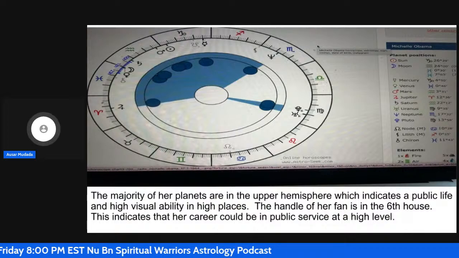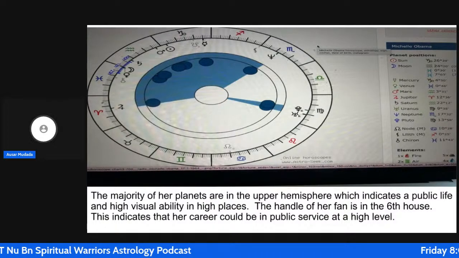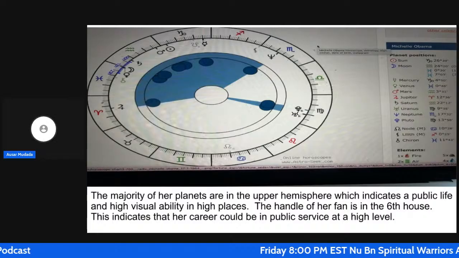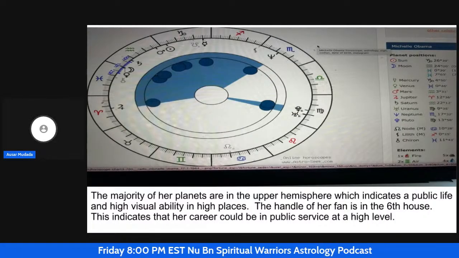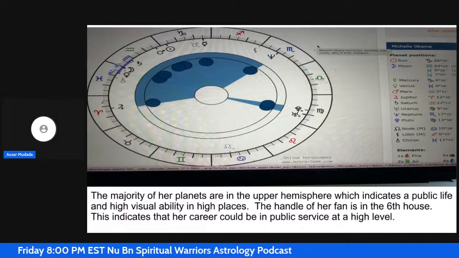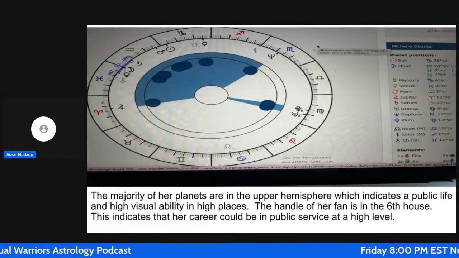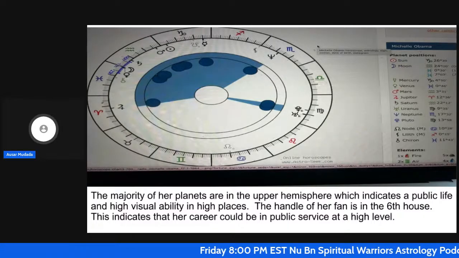Now, this is the mystery chart. Notice that the handle of this particular fan is not in the 4th house, but in the 6th house. So that's going to give a different expression of the energy.